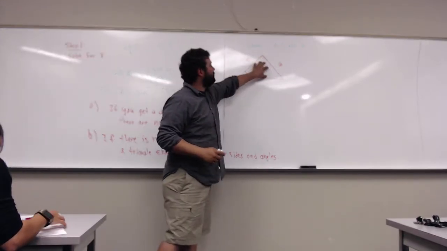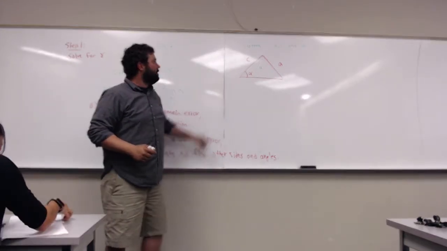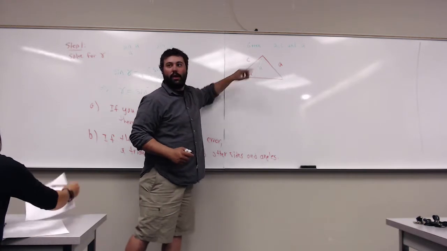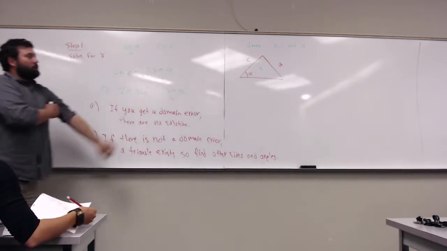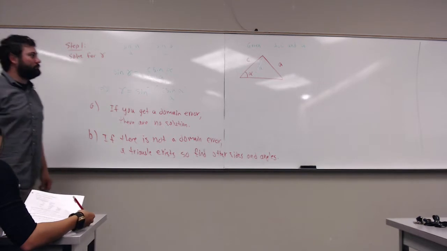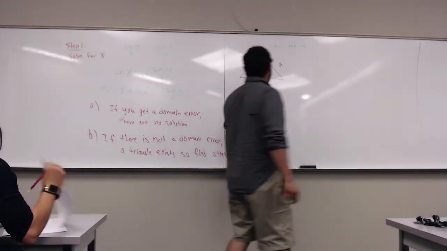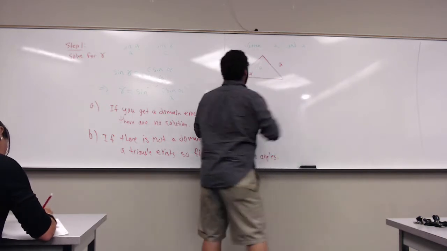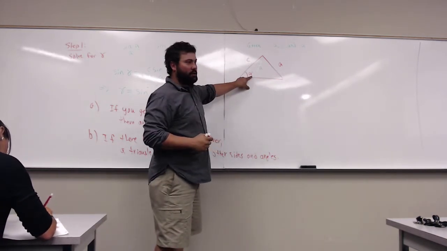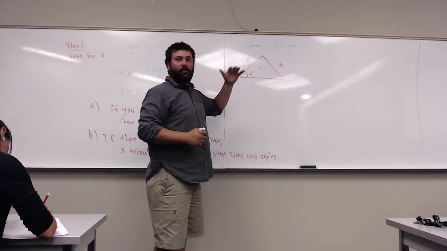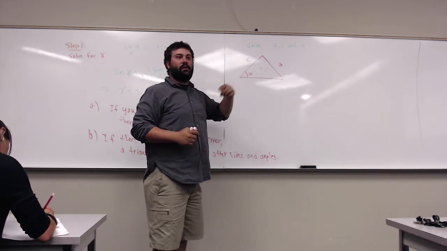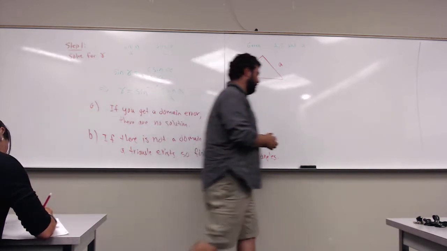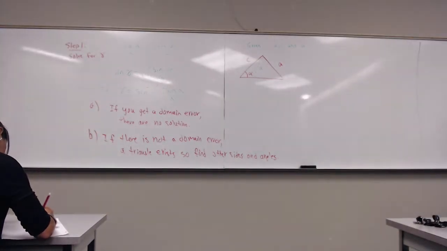So either the big triangle with all the red sides, or maybe just this triangle over here might also work. And if this is gamma, I believe that this is going to equal 180 degrees minus gamma. So there's a little bit of an argument that can be made using 180 degrees. This is where the second part comes in.